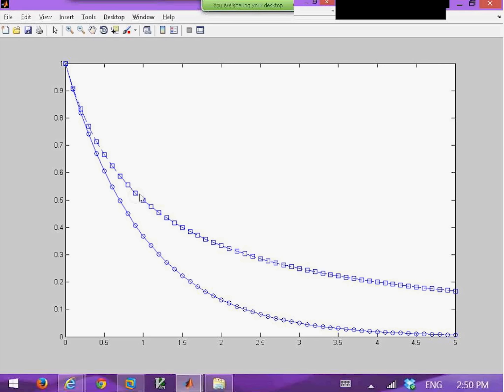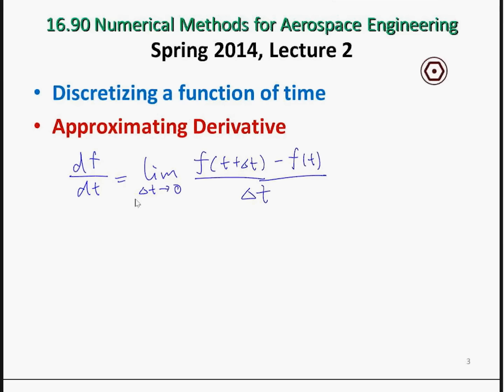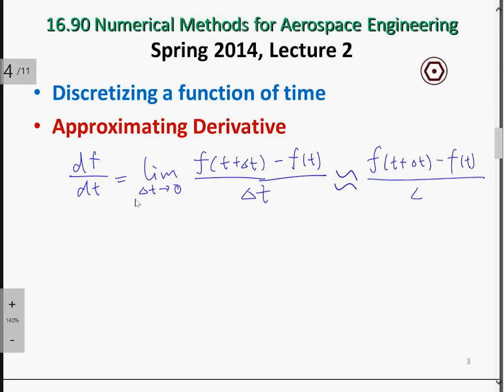So if we take the vertical distance divided by the horizontal distance, that's an approximation of this, right? F of t plus delta t minus f of t over delta t. All right? So that's a good way of approximating the derivative.